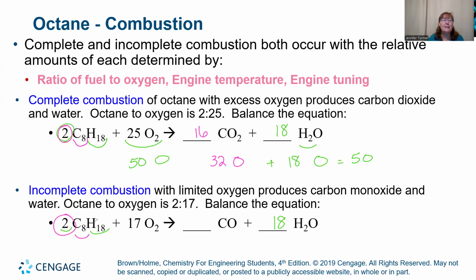So we have 16 carbons. So we still have a 16 here, but now it's carbon monoxide. And we have 16 oxygens plus 18 oxygens, which gives us 34 oxygens, which is why here we have only 34 oxygens. So that's how that one would be balanced.